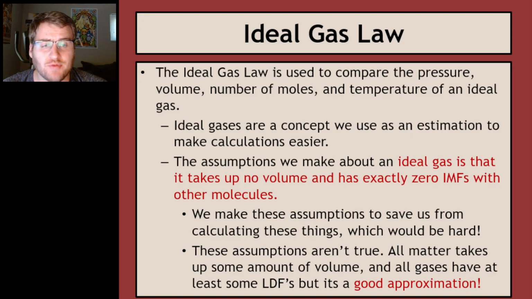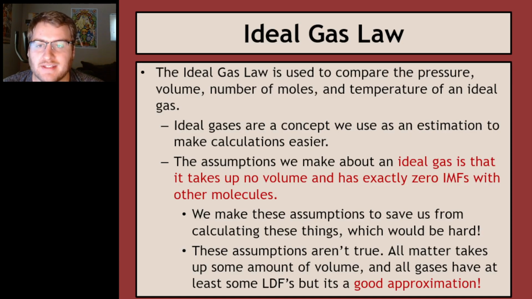The second approximation we make is that gases don't experience any sort of intermolecular forces for each other, which is also not true. We know that all things have London dispersion forces, so there's always some amount of attraction, even in a gas where they're moving so fast they hardly care about each other. They care about each other a little.